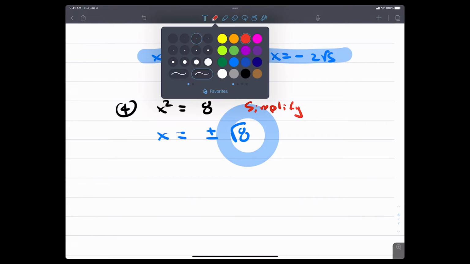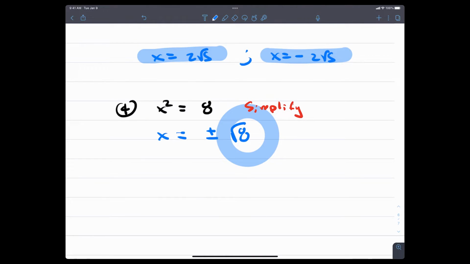So, square root of 8, ladies and gentlemen, how do you simplify that? Do you guys know? What's the largest perfect square that goes into 8? 4. Good. What's the quotient? Good. Will any perfect square work? No, it has to be the largest. Okay, you guys remember that? It has to be the largest.